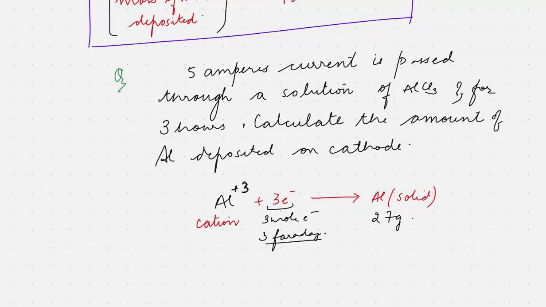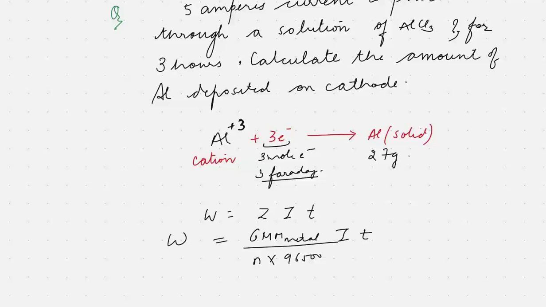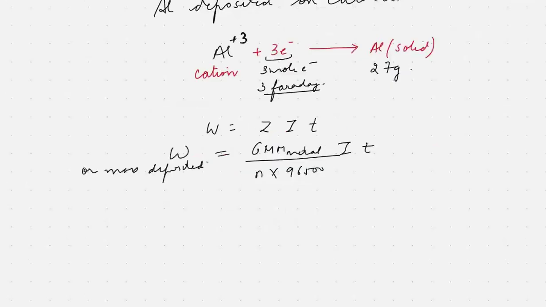So can you simply apply the formula that W is equal to ZIT? Z is the GMM of the metal divided by valency of the metal into 96500, into current into time, is going to be the weight or mass deposited. Here GMM of the metal is 27 grams.